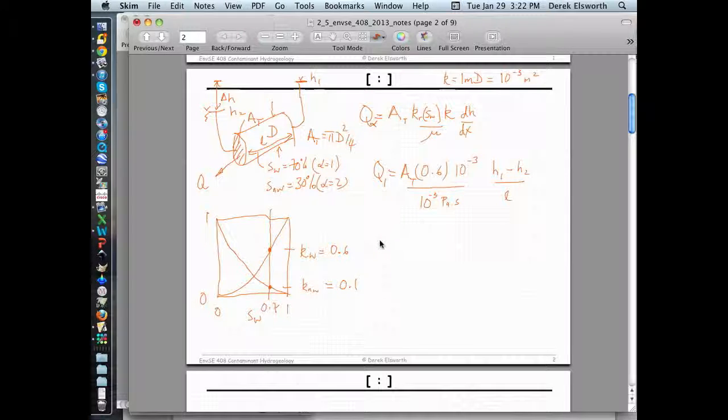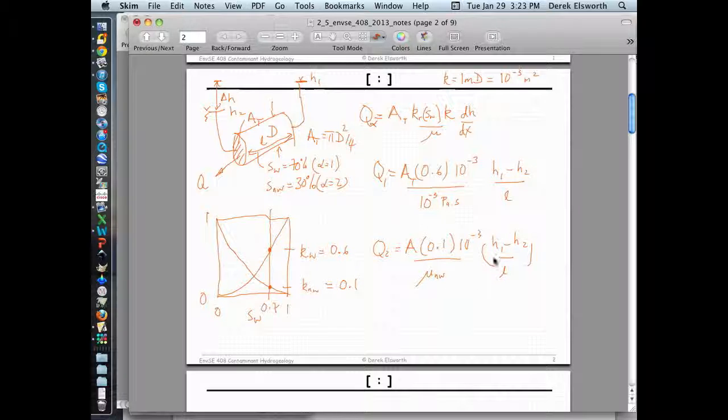The one for the non-wetting phase should be the same area. It should be 0.1. Should be the same absolute permeability, and it should now be the viscosity of the other fluid, the non-wetting fluid. And again, it should be the difference between these pressures, kind of.